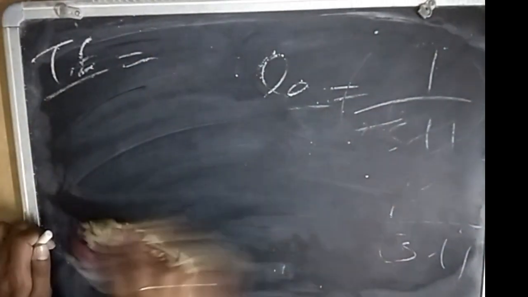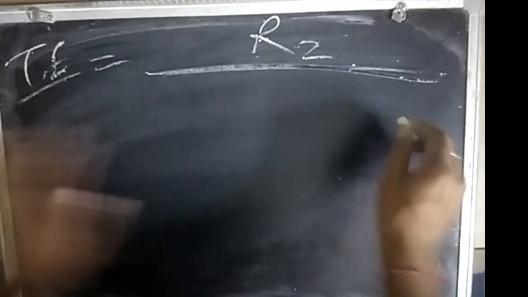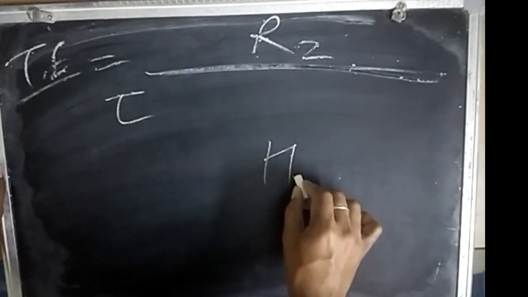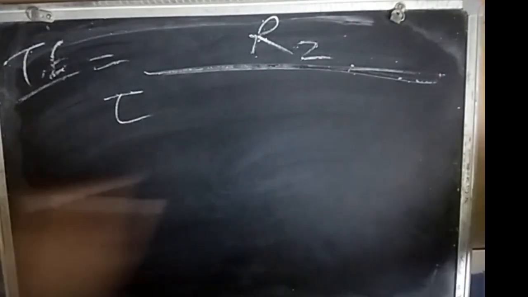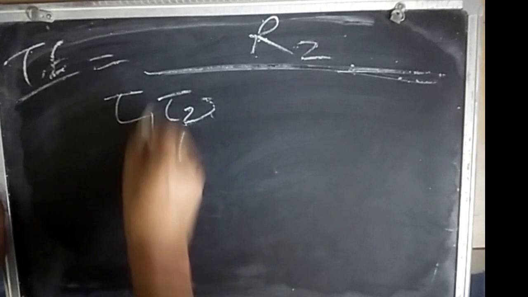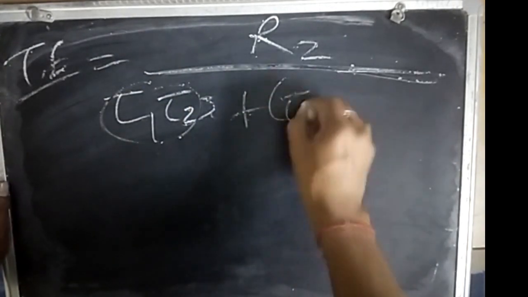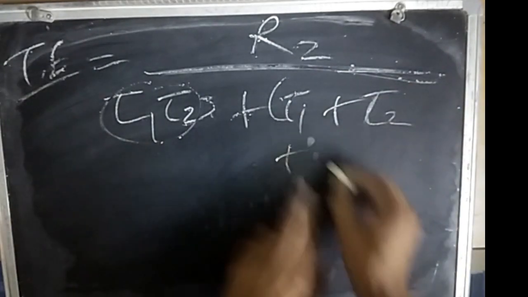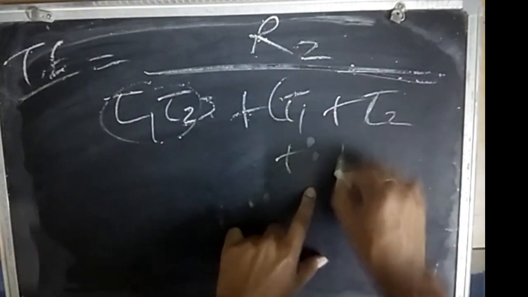So what we see here is that the transfer function finally would become like this. It would become r2, the second tank's resistance. Why? Because we have taken the height of the second tank, that's why r2 is coming at the top. And I'm writing the final expression here: tau 1 into tau 2 into s square plus tau 1 plus tau 2 plus, now one trick to remember is that r2 is above, so write r2.